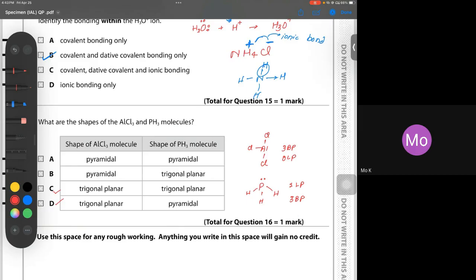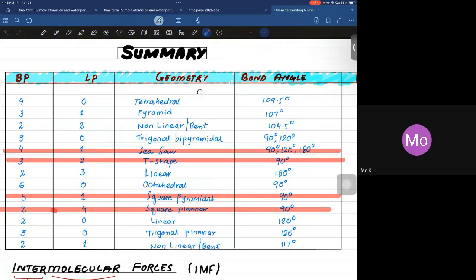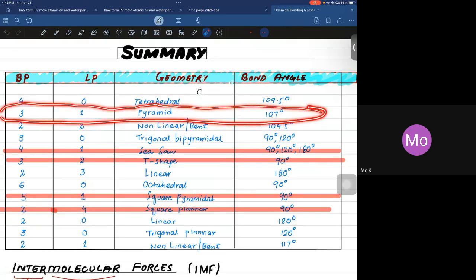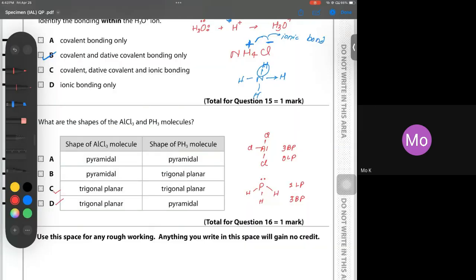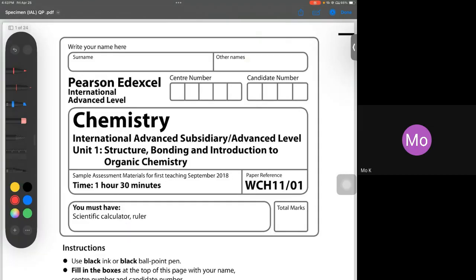And then what is the geometry of this one when you have one lone pair and three bond pairs? It's pyramidal shape. That's why D is correct, because PH3 is pyramidal and AlCl3 is trigonal planar. So very easy.